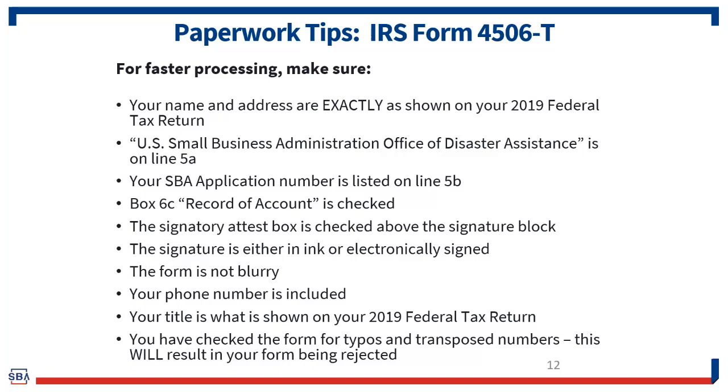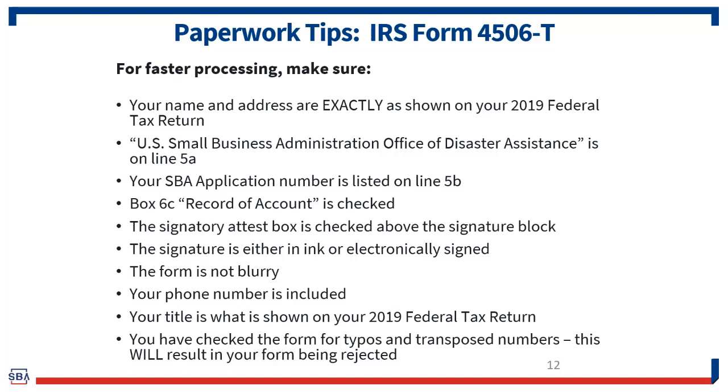Has to match exactly. And I'm talking about matching levels where if your taxes say drive on the 4506T, you cannot abbreviate it DR. It literally has to be exactly as it's shown. Cannot stress that enough. On line 5A of the form, you want to make sure that U.S. Small Business Administration Office of Disaster Assistance is written there.